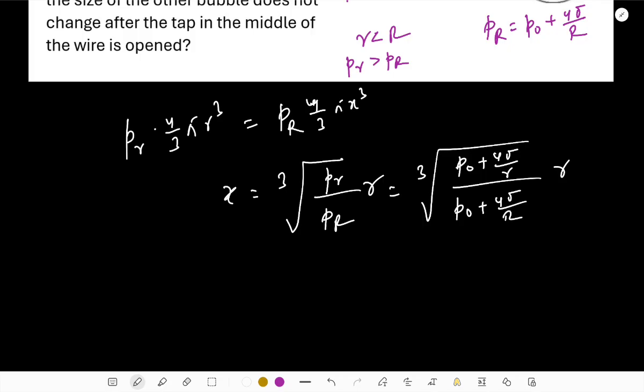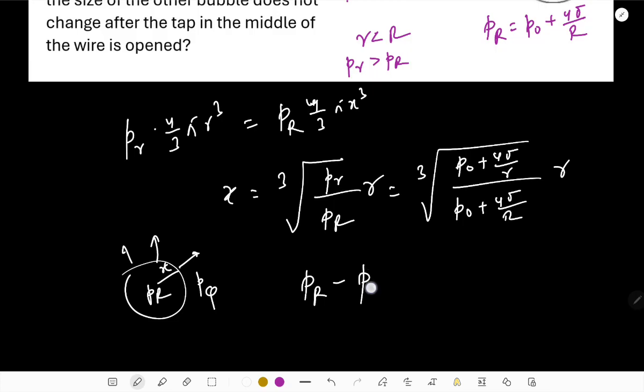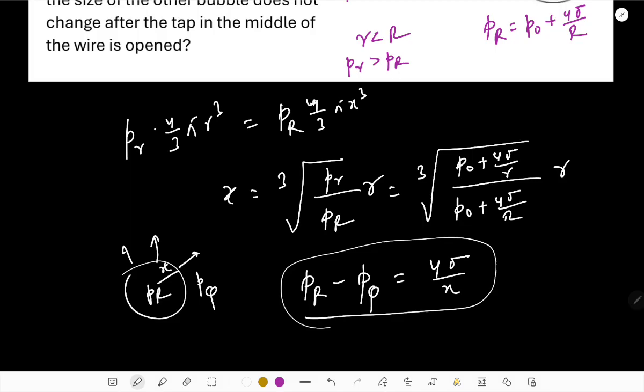There will be an outside electric pressure created over the smaller bubble due to the charges, along with the outside pressure. It's simply P_q, and the inside pressure is P_R, and its radius is x. So I can write here: P_R minus the electrical pressure created, that is, inside pressure minus outside pressure, should be equal to 4 sigma by x.